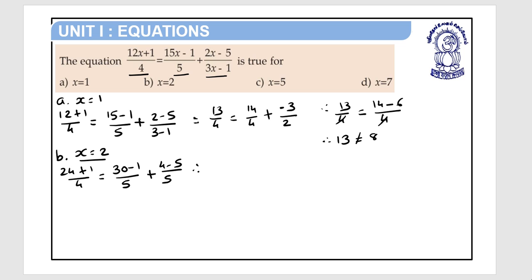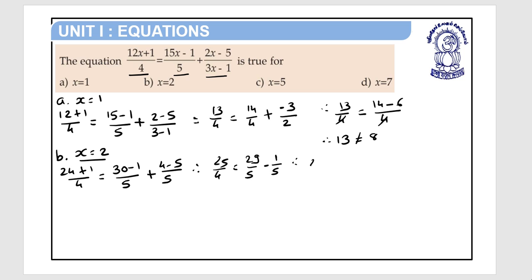So 24 plus 1, 25 by 4 is equal to 30 minus 1, 29 by 5 plus minus 1 by 5. So directly we can write 29 minus 1.